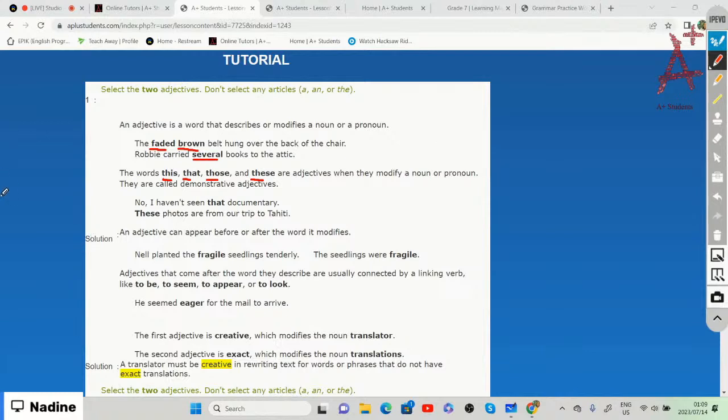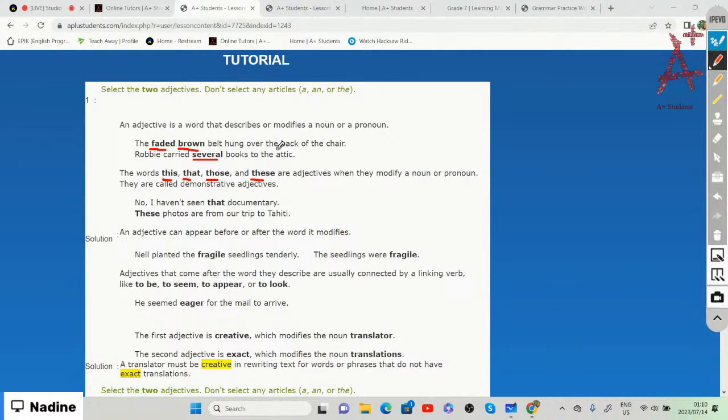All right, so if we look at the example, it says, no, I haven't seen that documentary. So it means that you are demonstrating or telling us what documentary, right? Of course, in this case, we don't know what documentary. However, in conversation, if somebody talks about a specific documentary, you'll be able to say, yes, I've seen that, or I haven't seen that documentary, right?